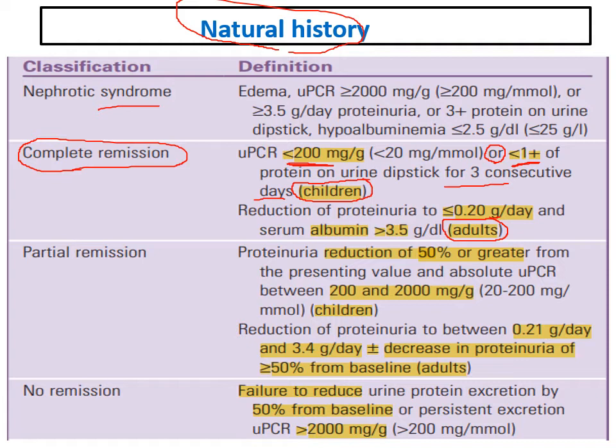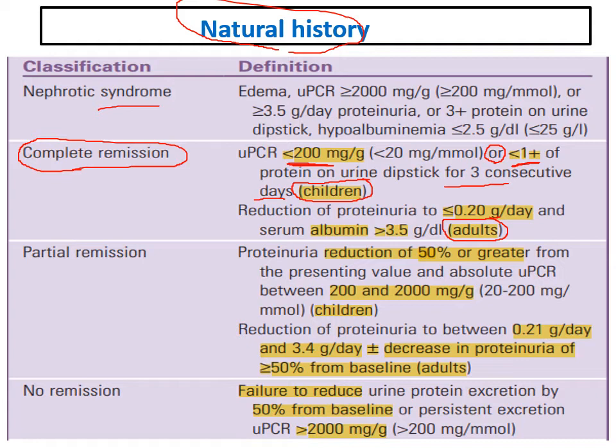Again, to define a child with a complete remission, either a urinary protein to creatinine ratio less than 200 milligram per gram, or no protein on urinary dipstick for 3 consecutive days.